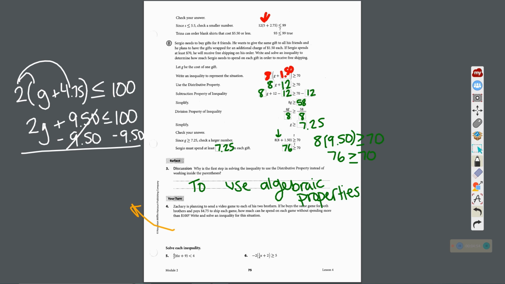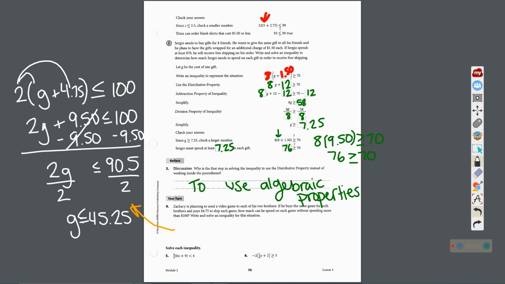These are going to be gone. That leaves us with $90.50. And then we'll divide by 2. So he can spend $45.25. No, less than or equal to $45.25.